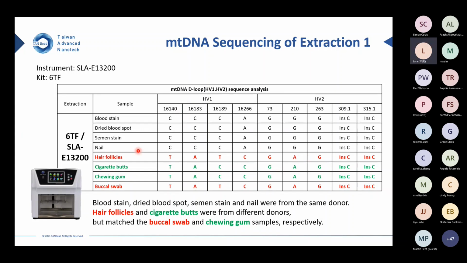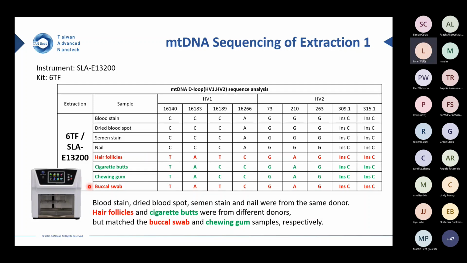Now in this table we can see that the first 4 samples, blood stain, red blood spot, semen stain, and nail, have the same sequence, so they came from the same donor. Let's call it donor 1. While the 5th sample, hair follicles, has a different sequence compared to the nail sample, so it's coming from a different donor that is present at the crime scene.